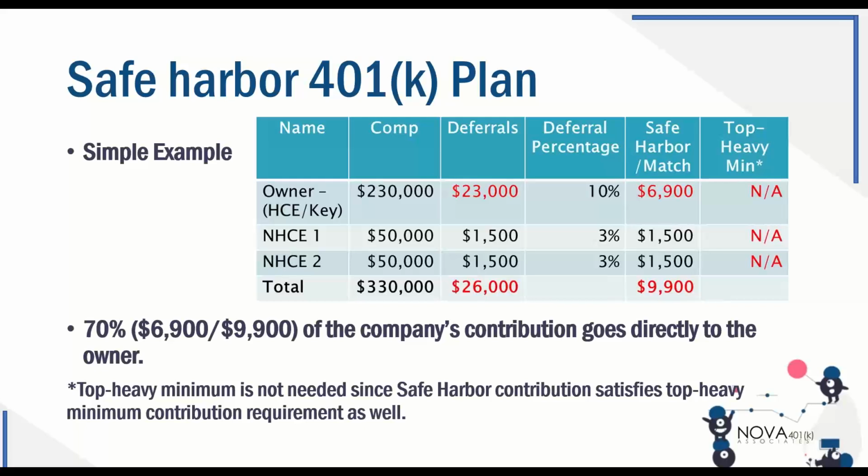They're making $230,000 and they're deferring $23,000, and then they're getting that 3% safe harbor match. The two non-HCEs are deferring $1,500 apiece, 3%, and then they're getting that 3% match.